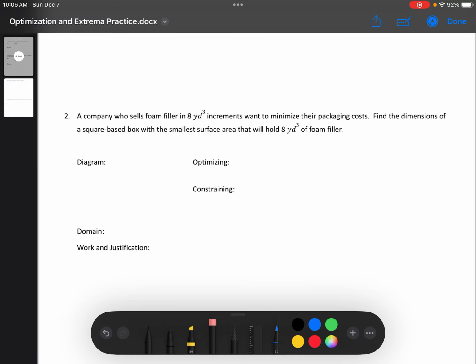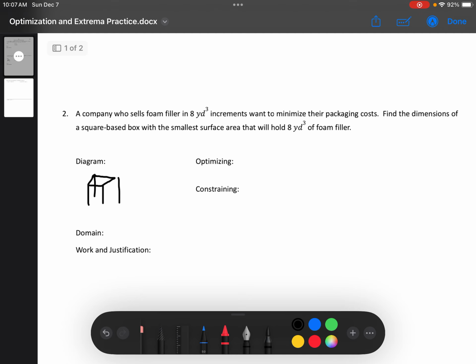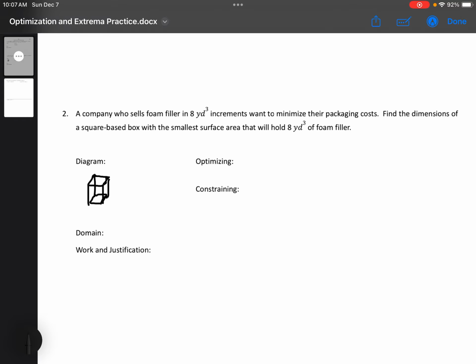Hold on, let me try and make it better. This is a little bit too far. Okay, yeah, there we go. So this is what our diagram looks like.